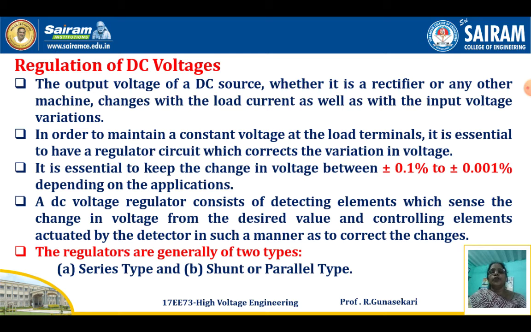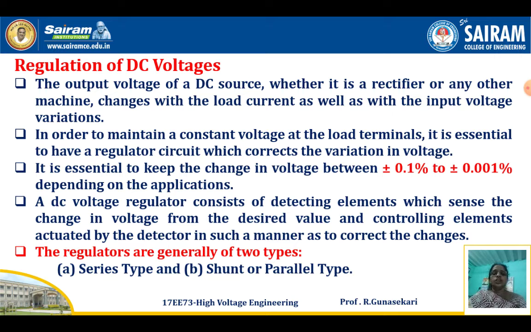The output voltage of the DC source, whether it is a rectifier or any other machine, changes with the load current as well as with the input voltage variations. To maintain a constant voltage at the load terminals, it is essential to have a regulator circuit which corrects the variation in voltage in the power system.